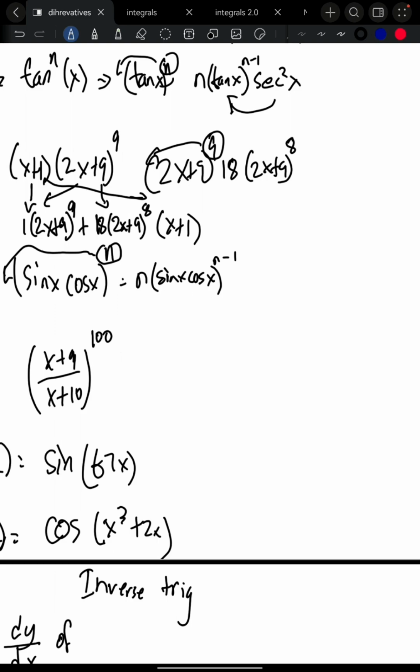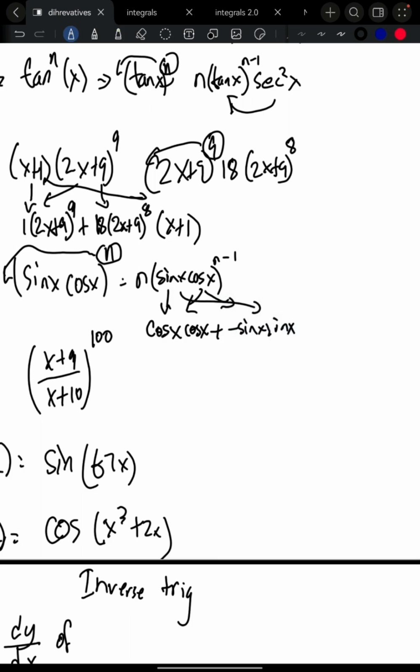What's the derivative of sin x cosine x? Use the product rule, right? Or you could write it as half sine 2x and then use the chain rule, but I'll use the more common one, right? So the derivative of sine x is just cosine x, multiply that by that, so just cosine x, plus the derivative of cosine x is just negative sine x, then multiply this again.